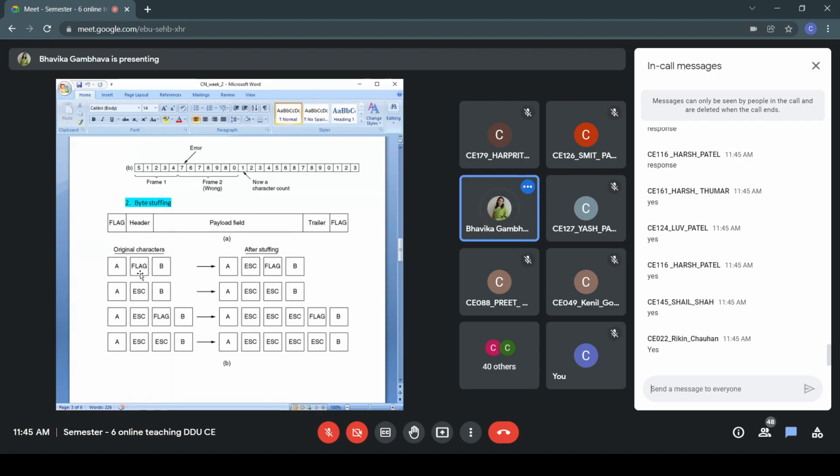So we will discriminate between frame-ending flag bytes and data flag bytes by inserting an escape. Whenever there is a flag byte in the data, one escape is to be inserted. So the receiver will come across two types of flags, one followed by escape and one coming directly. If the flag comes directly, it will be marked as the end of the frame. If it is preceded by escape, then the escape will be removed and the flag will be preserved.